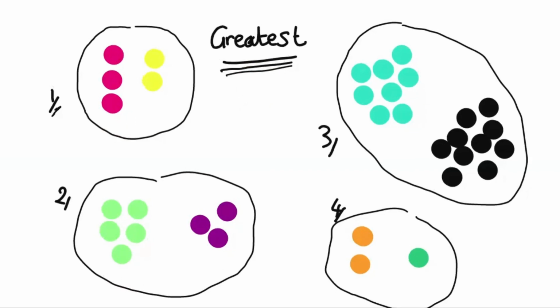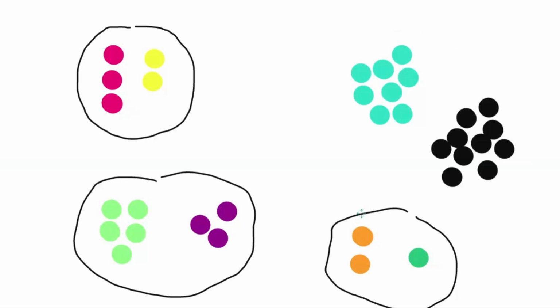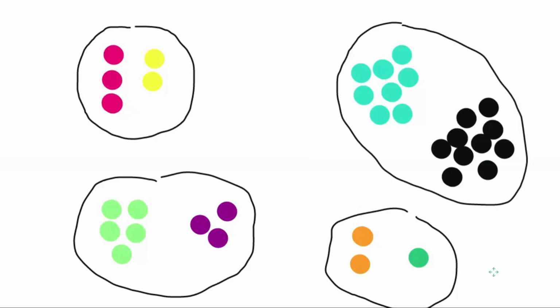Our word is least. Let's write it up here. Least. Now least means less than. So there's our less than symbol. It means less than.